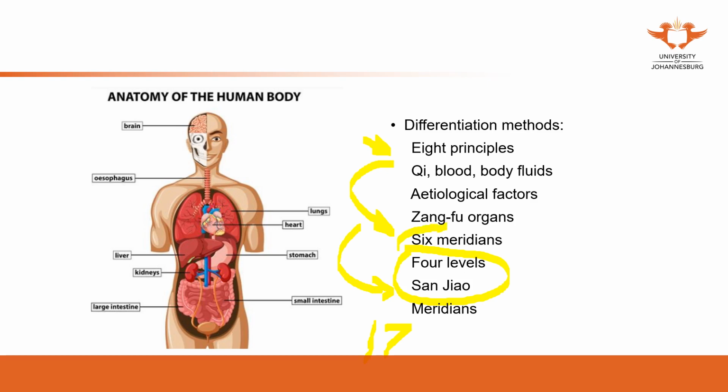The reason why we also separate these 6 meridian and 4 levels is from the previous slides we have introduced that the 6 meridian differentiation initially was developed for the cold-induced diseases, and then the 4 levels and Sanjiao differentiation, these two were developed for the heat or fire-induced syndromes.